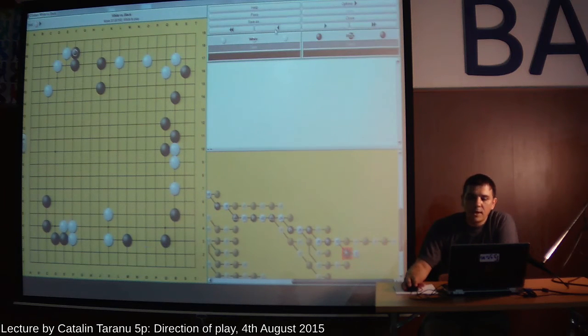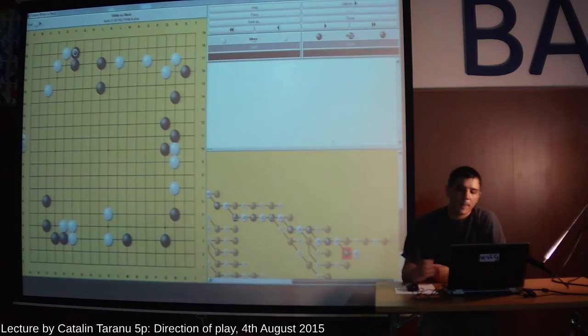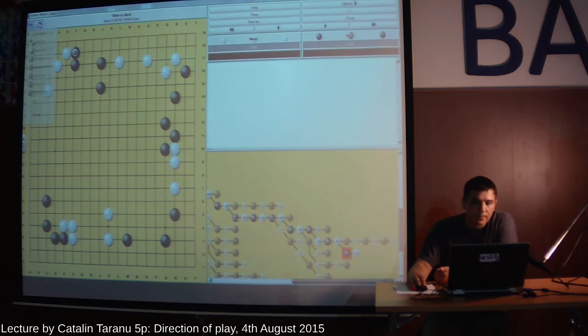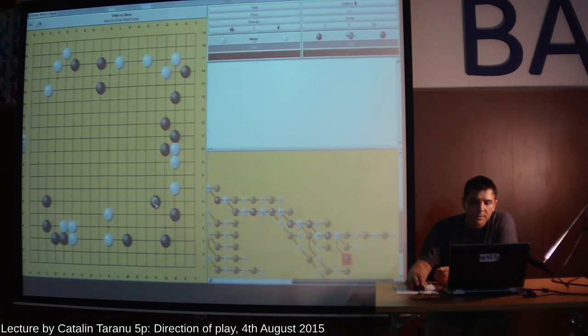So what we would like to do with black actually, we would like to develop this area where we have potential to make territory, and do it while attacking the white stones. Keima. This one.